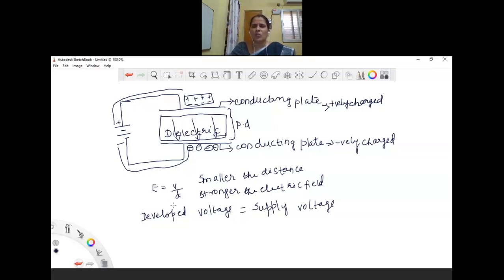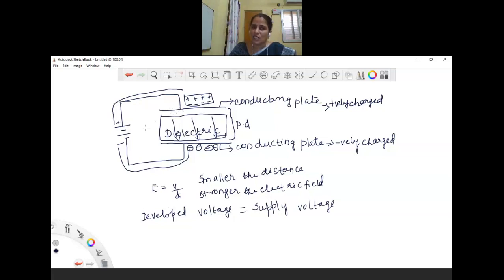Okay, now we are going to see a very important concept here. What will happen when we remove the battery? So now we are going to remove the battery. Even when you remove the battery from the two plates, whatever charges are already stored will be there.